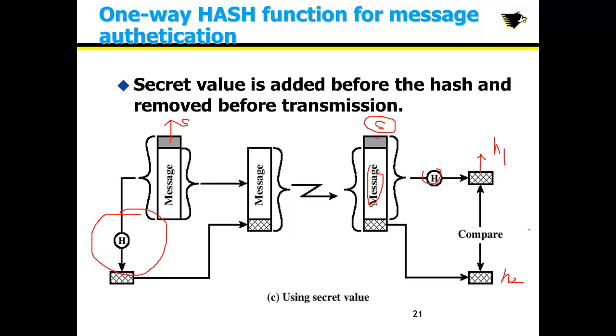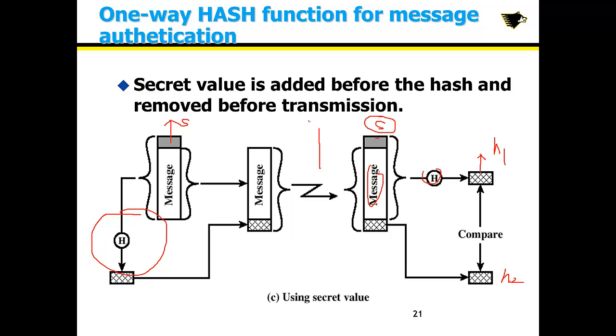If they are equal, that means this message was not modified during the transmission. If H1 is not equal to H2, that means the message was modified during the transmission.